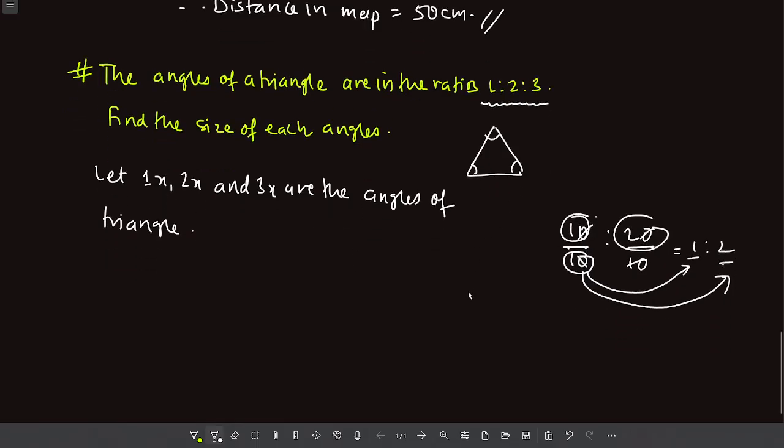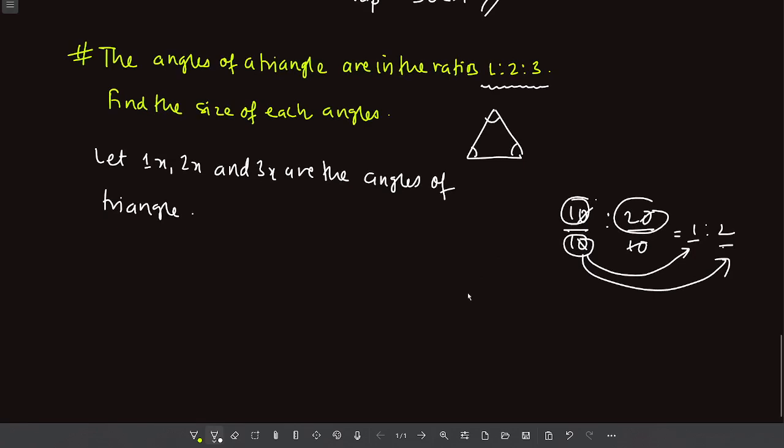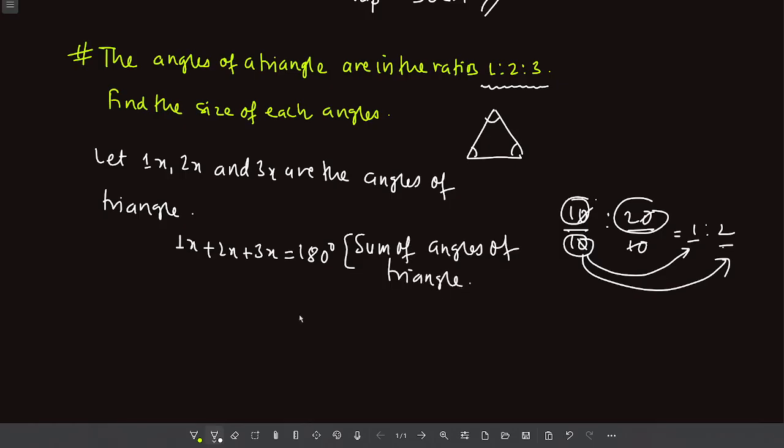So as the sum of angles of a triangle is 180 degrees, we can say 1x plus 2x plus 3x equals 180. It is because of the sum of angles of a triangle.